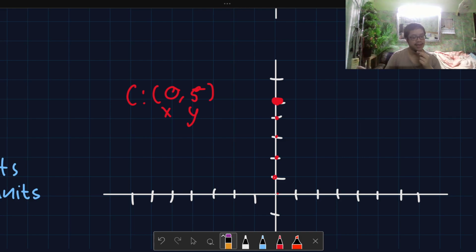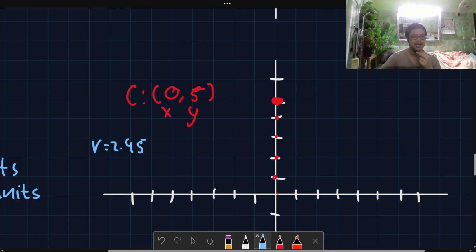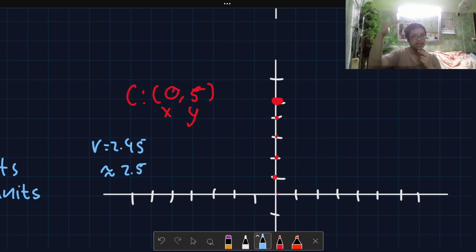The length of the radius is 2.45, which is almost 2.5. 2.45 is close to 2.5, which is midway between 2 and 3. Basically, you count 2 units, then count 0.5, basically midway.